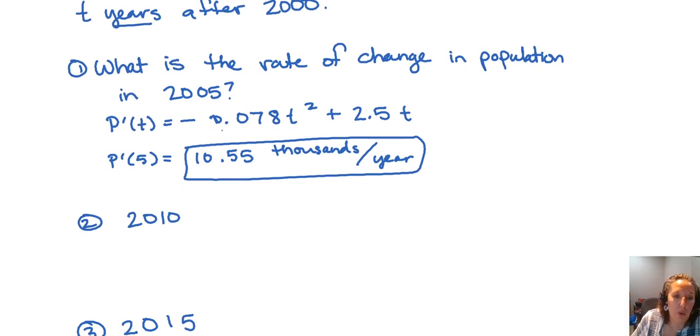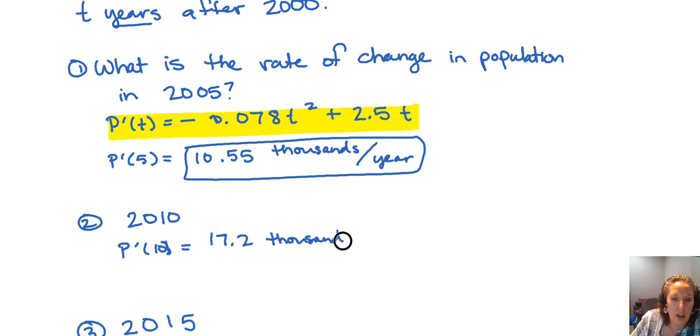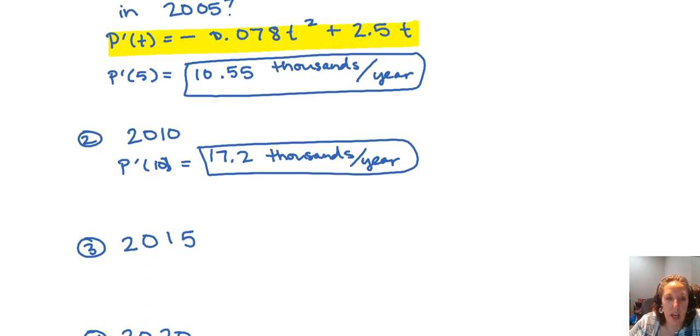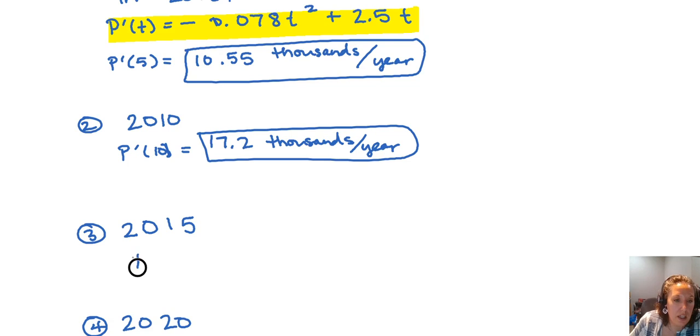In the year 2010, we're going to do the exact same thing, but we plug in t equal 10, into the derivative function right here. We should get 17.2. Again, our units there are thousands per year. And then at 2015, that's plugging in a t value of 15.